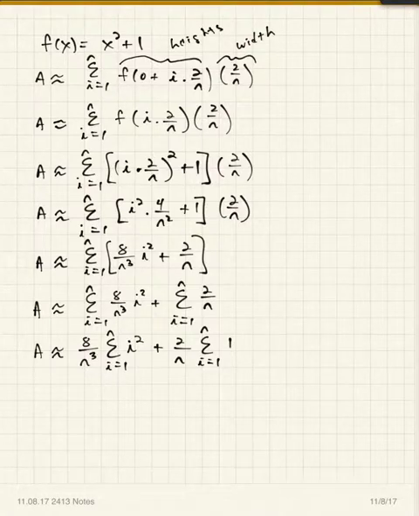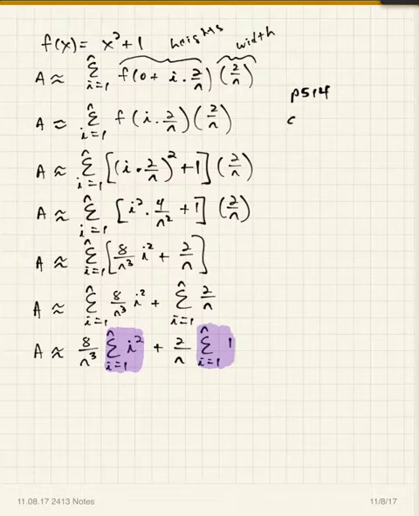All right, so now these sigmas right here, there are known formulas in terms of n for sigma statements like these. It's certainly not something where I would require that you know these formulas from memory, but they are in your textbook on page 514, and they go like this.